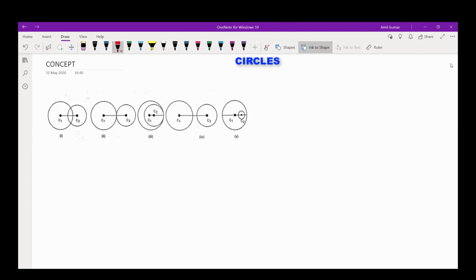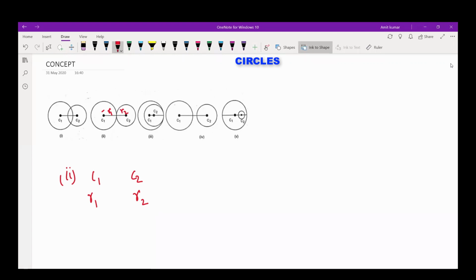If the center of the first circle is C1, that is this, and the center of the second circle is C2, the radius of the first circle you can find out from the equation, that is R1, and the radius of the second circle is R2. And from this second diagram, we can see that the distance between the two centers, that is C1C2, is equal to R1 plus R2.